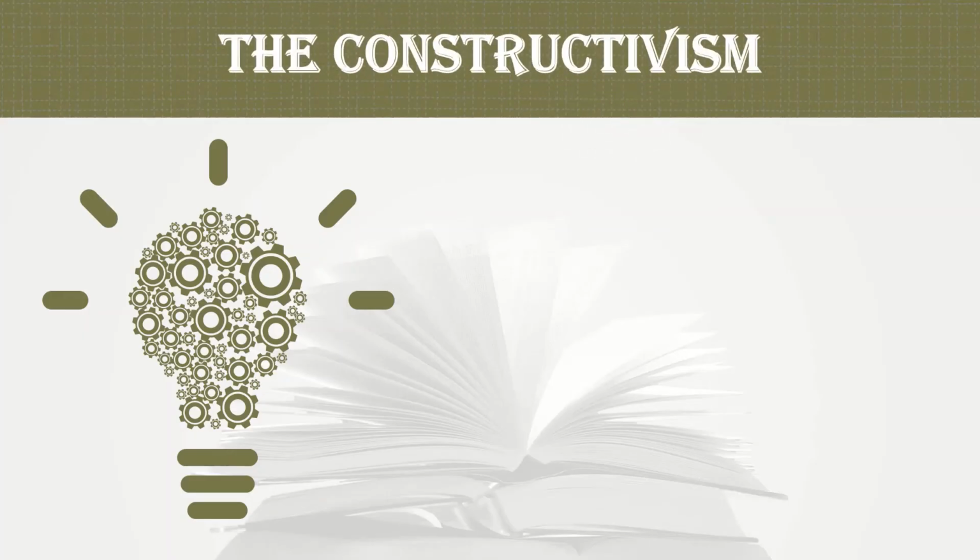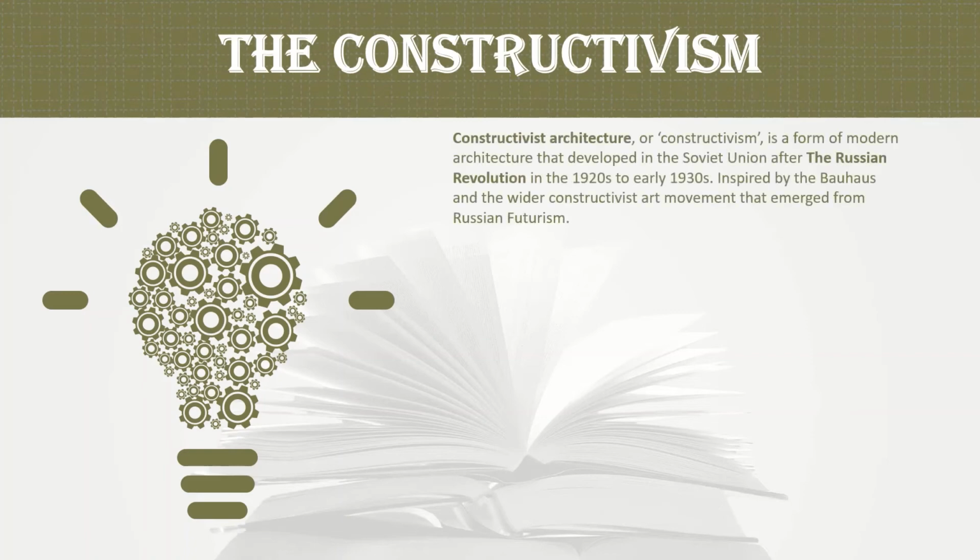The second architecture style is deconstructivism. Deconstructivism architecture is a form of modern architecture that developed in the Soviet Union after the Russian Revolution, in the 1920s to early 1930s, and was inspired by the Bauhaus and the wider constructivist art movement that emerged from Russian futurism.